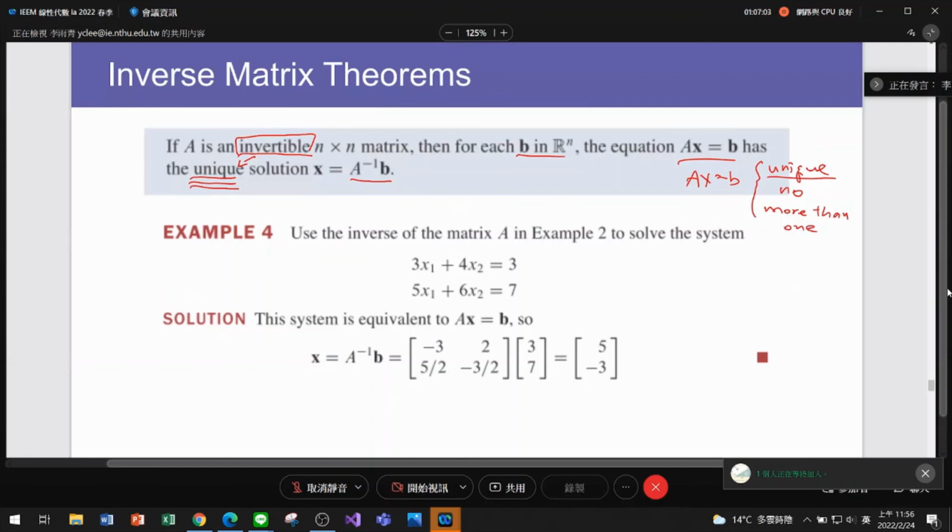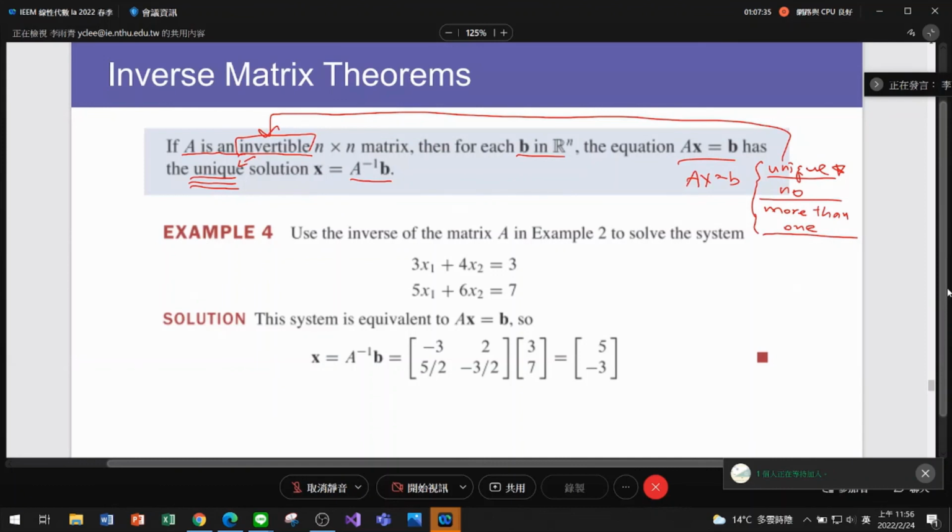So we have three possibilities. And when does such an equation have a unique solution? You can answer that if A is an invertible matrix, then there is a unique solution.